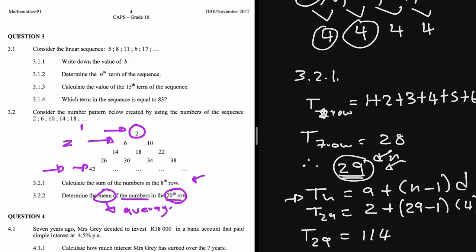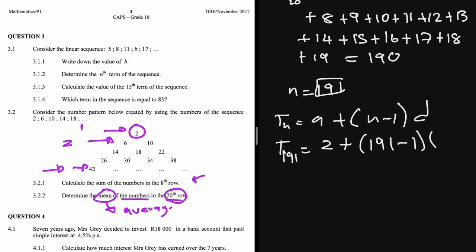So we substitute our difference as 4, and we put everything into the calculator to determine the value of term number 191. This is going to be 2 plus 191 minus 1 multiplied by 4, and that will give us the value of 762.